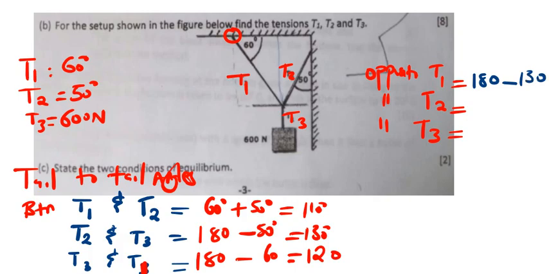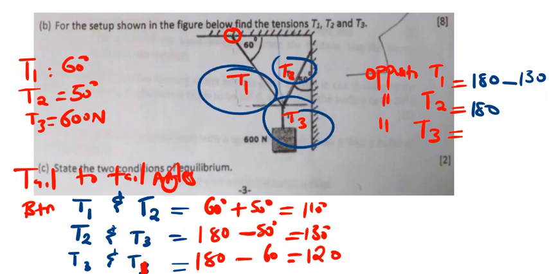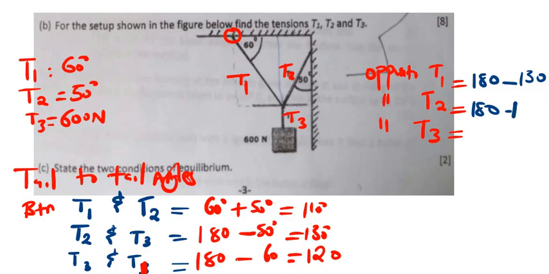That is for T1. Then opposite to T2, it is the same principle. This is T2. T1 and T3 are in opposition to T2. So what did T1 and T3 give us? They gave us a 120. So basically that's what we're going to subtract for T2, minus 120.